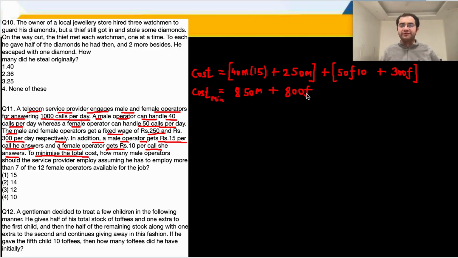You have a larger coefficient and a smaller coefficient. Obviously, this will be minimized when your number of males is minimum and your number of females is maximum.